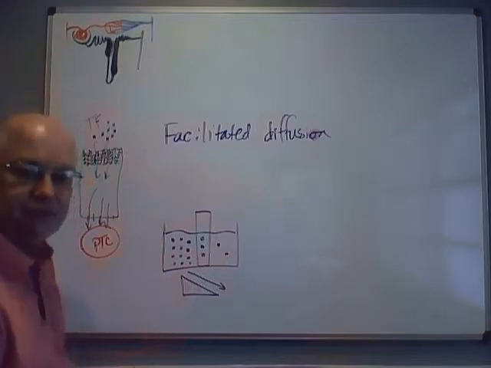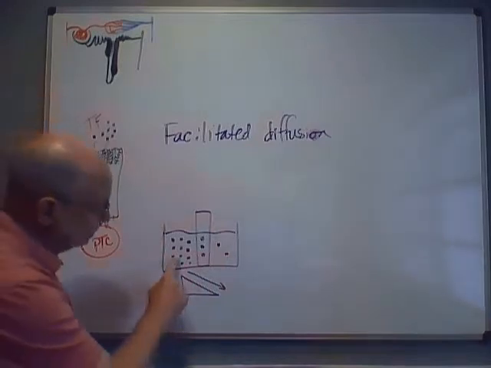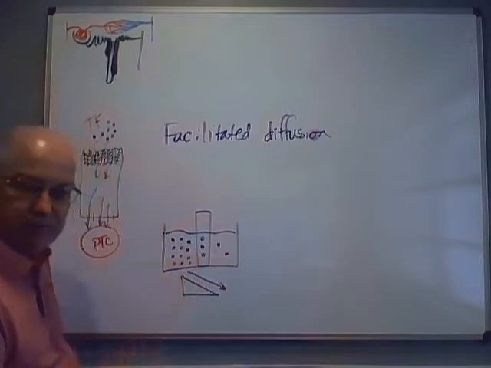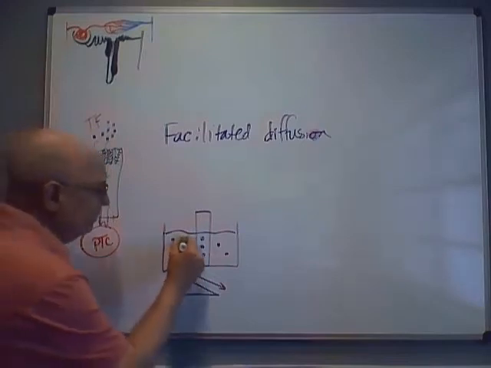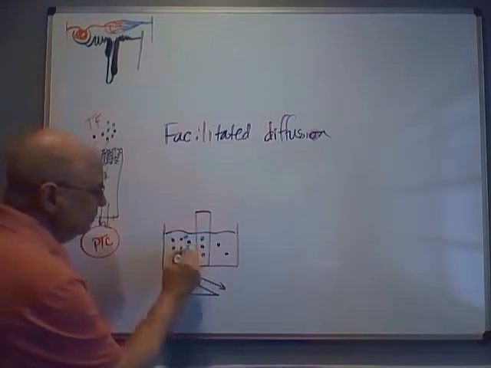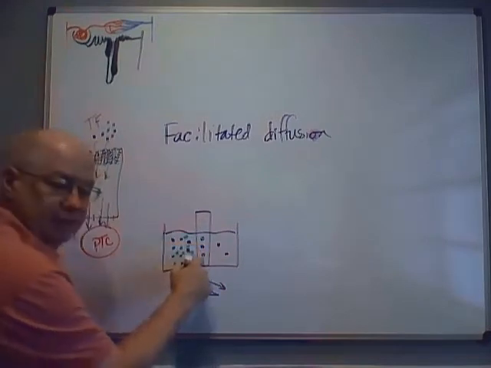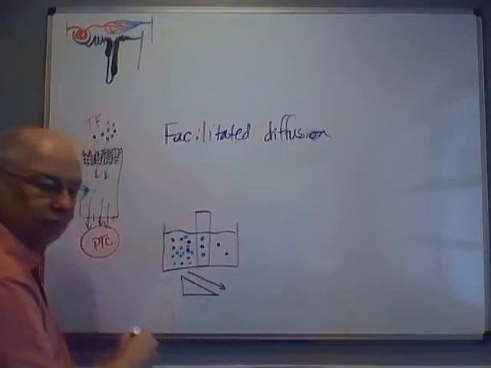Now, in facilitated diffusion, let's say this substance is not capable of crossing that membrane on its own. But let's say I put another substance in here, and that substance, when it binds to this membrane, actually opens the hole a little bit more.